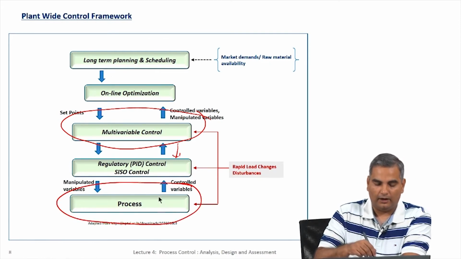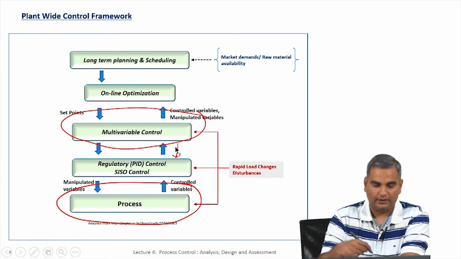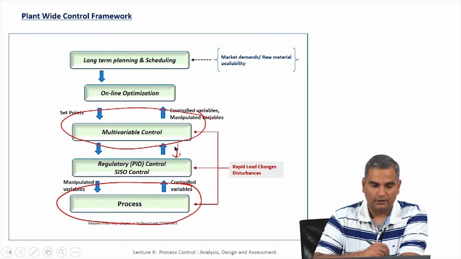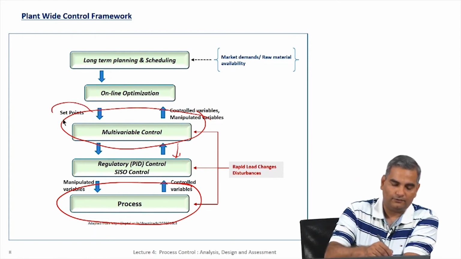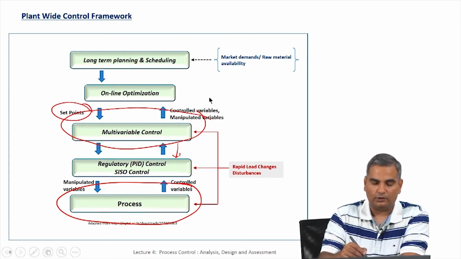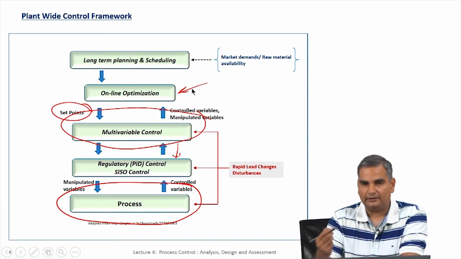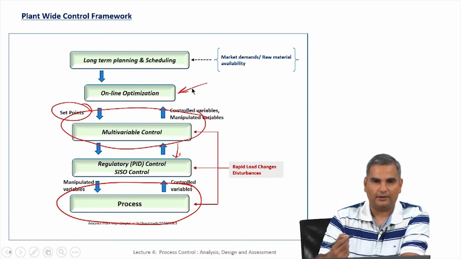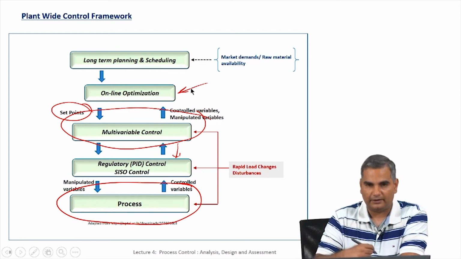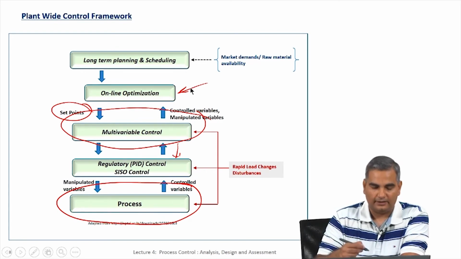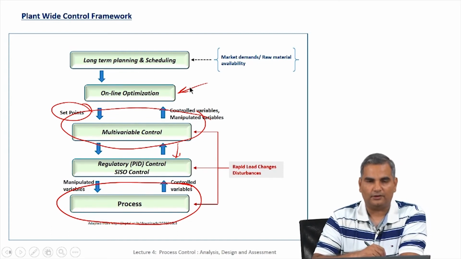And beyond this, at an even higher level of plant wide control, the set points for these control variables could come from an online optimization, where you look at several factors, such as environmental factors that affect the profitability of the process, to figure out what set points to use for your control variables.